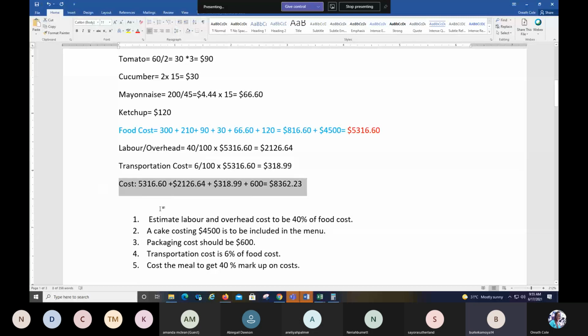This is a cost now. The last thing we need to work out is a markup. So the markup will be last. The markup we find is 40% of this final figure that we just did.